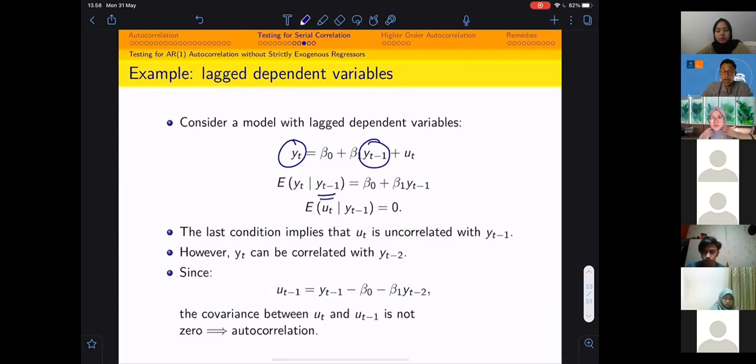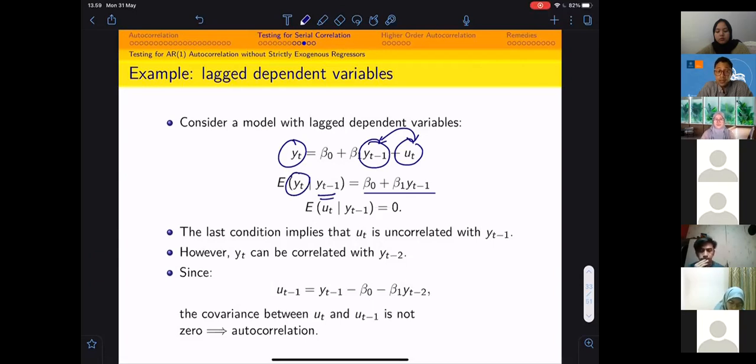Given the information that you have about t-1, what's the best prediction for the value of y in this period? Your best predictor is beta_0 plus beta_1 y_{t-1}. In this case, we assume there is no correlation between the error term and y_{t-1}. Well, this doesn't necessarily hold.